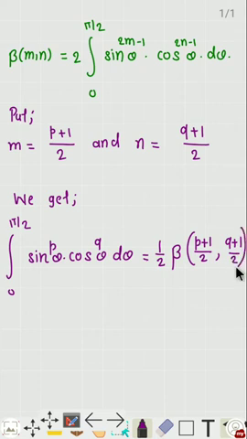Okay, so this is one more result which we proved from this property of the beta function.